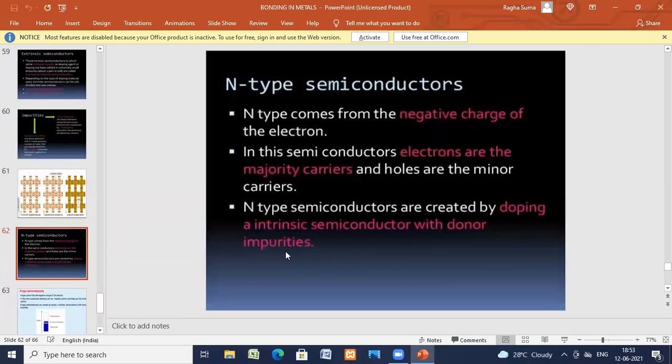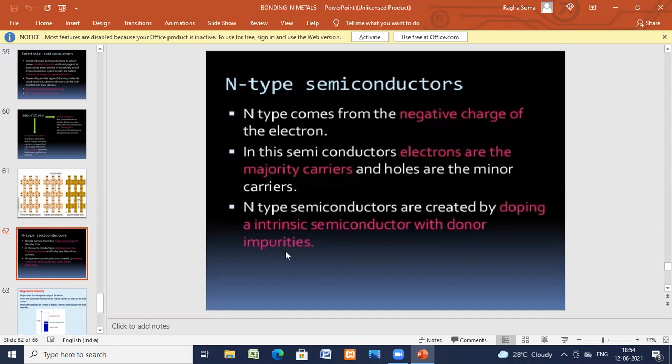When a pentavalent element such as phosphorus, arsenic or antimony is added to an intrinsic semiconductor, 4 electrons are involved in covalent bonding with 4 neighboring pure semiconductor atoms. The fifth electron is weakly bound to the parent atom, and even for a lesser thermal energy it is released, leaving the parent atom positively ionized.